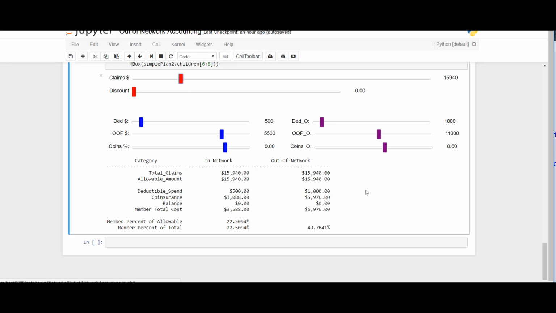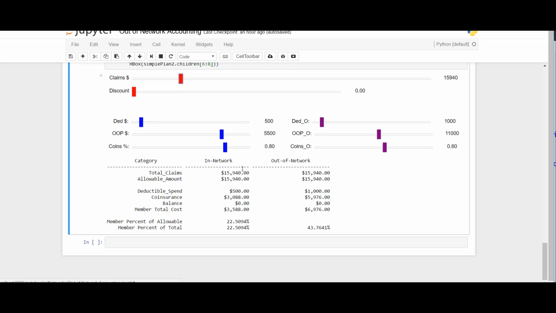Now, to explain some of the accounting here that's happening before I show you the significant pieces, you can say, okay, look, I've got total claims of 15,940. We've accounted for them here, and I've got a little bit of a redundancy, and that'll go away once I start including the insurance discount.